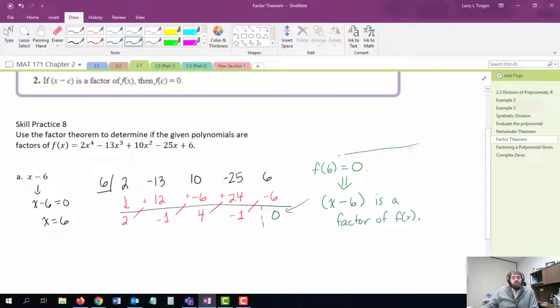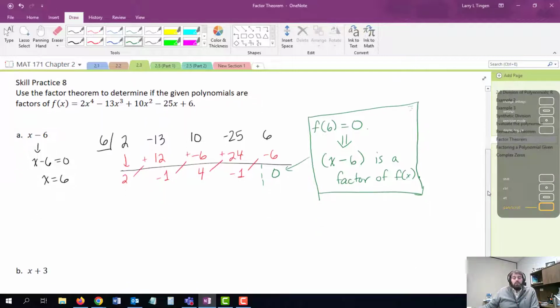And that's the factor theorem. That's what it does. You can use it in both directions. In this case, I found a remainder of 0, which means that when I plug 6 into the function, I get 0.